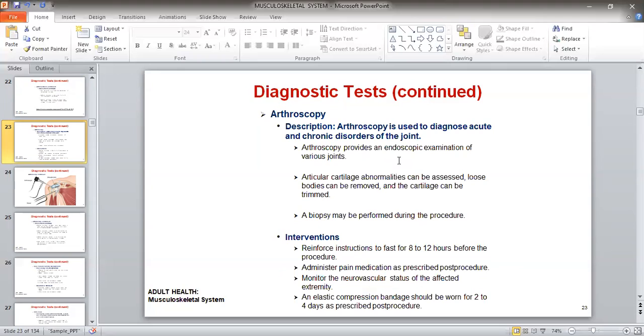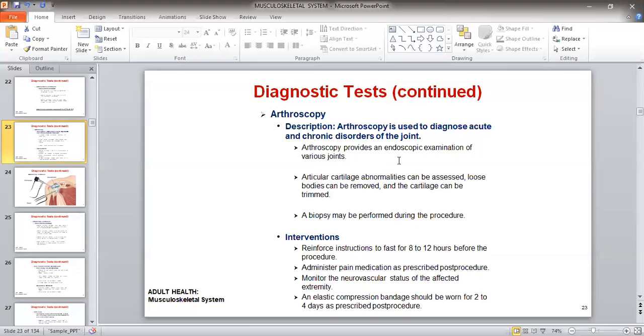Articular cartilage abnormalities can be assessed. Loose bodies can be removed or cartilage can be trimmed if needed. Biopsy may be performed during the procedure. So if the healthcare provider does it, we can take some tissue or fluid for culture or any kind of histopathology.